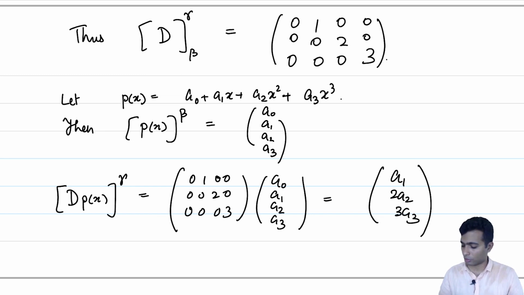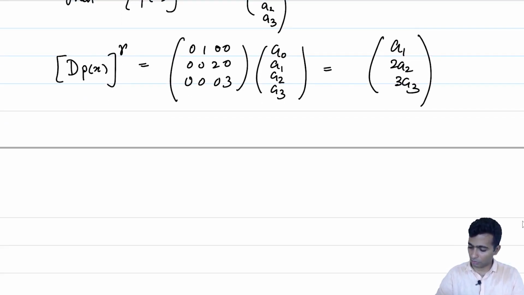It should be a 3 cross 1 column vector because we are ending up in P2 of R, which is a 3-dimensional vector space.